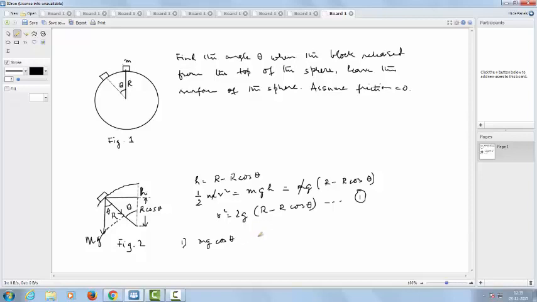The second force is the centrifugal force acting on the block. If v is the velocity of the block at this point, that would be mv square divided by r. And the third force is the normal reaction, Fn, which acts outwardly.